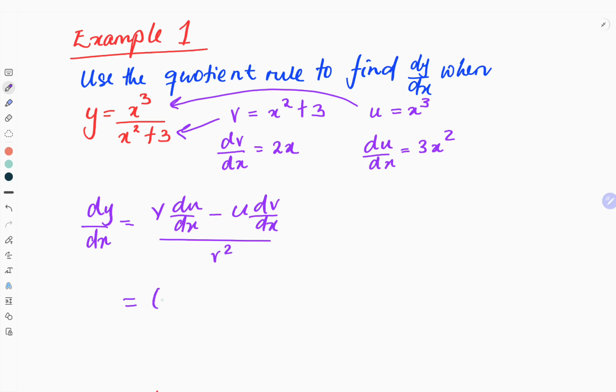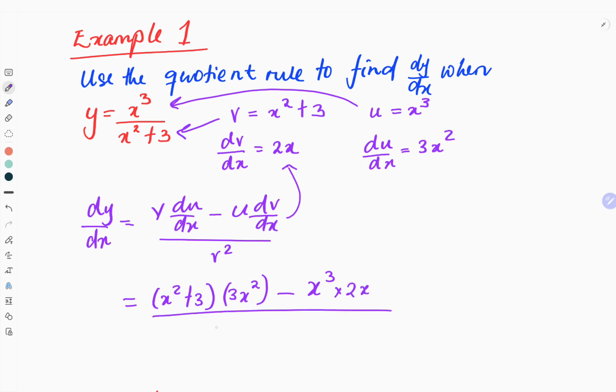Your v is x squared plus 3, and your du dx is 3x squared, minus your u, which is x cubed, times the dv dx, which is 2x, all divided by x squared plus 3 squared.